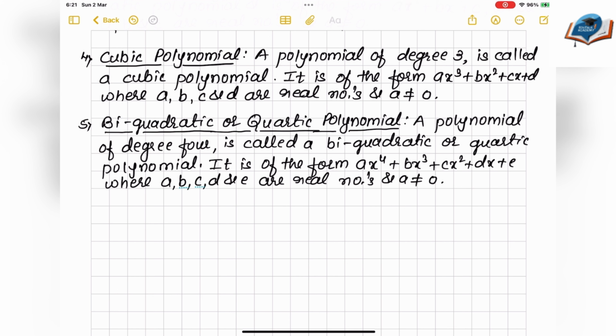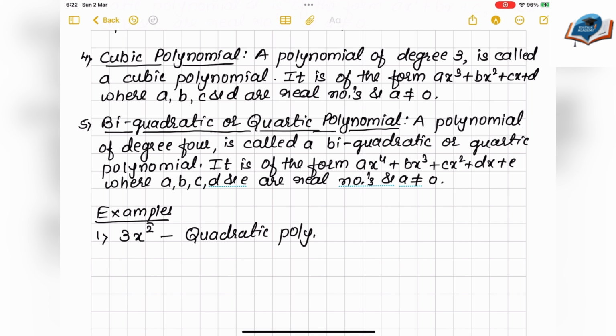Now, let us see some of the examples of this. The first one is 3x square. So, it will be a quadratic type because the highest degree is 2. So, I have to just see the highest power.